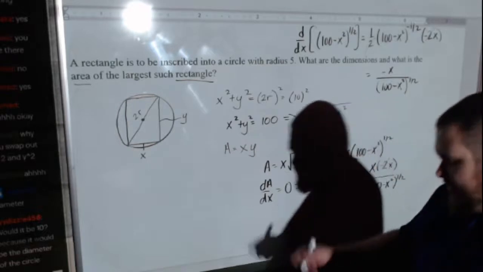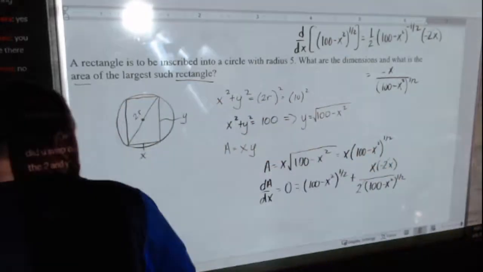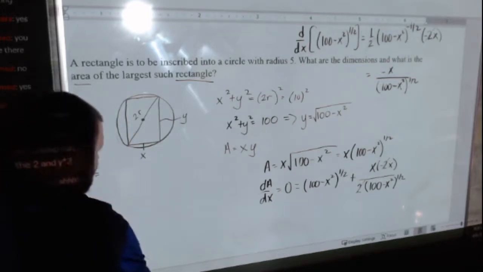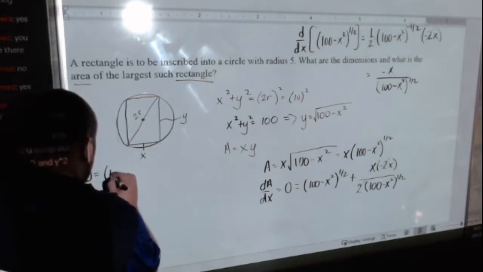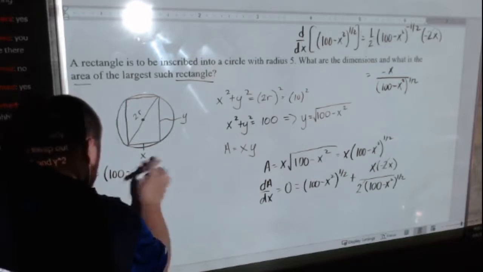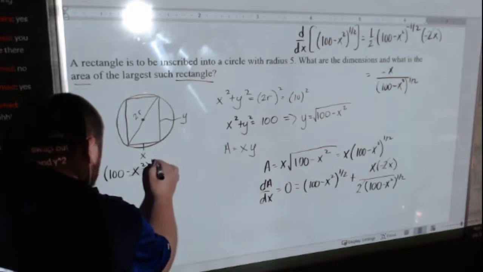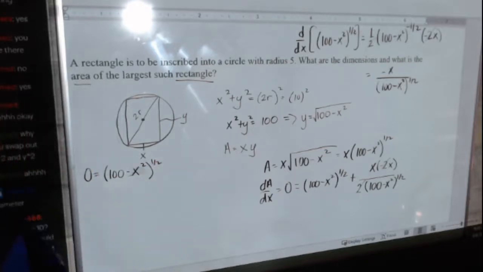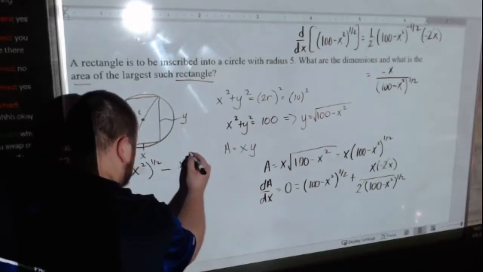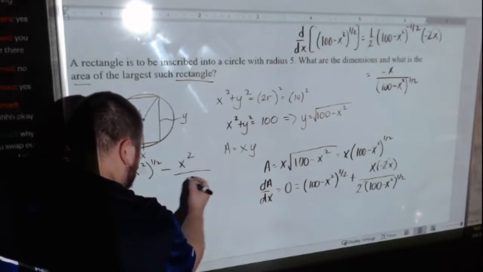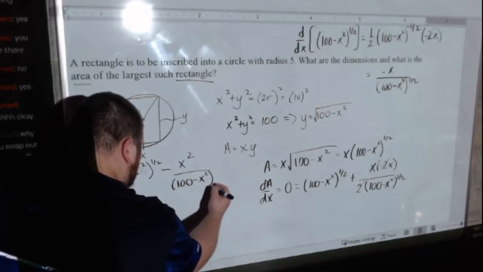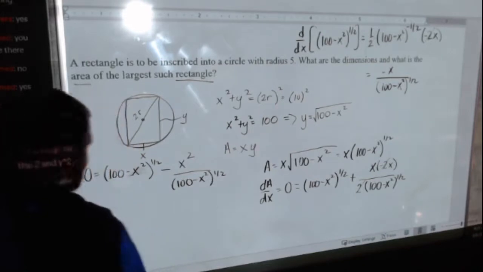So let me come back over here because I think it's a little clearer. I currently have 0 equals the square root of 100 minus x squared, and then I have minus x squared over the square root of 100 minus x squared.